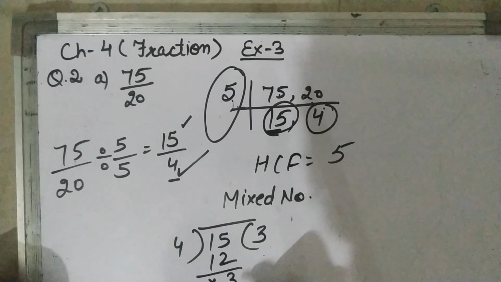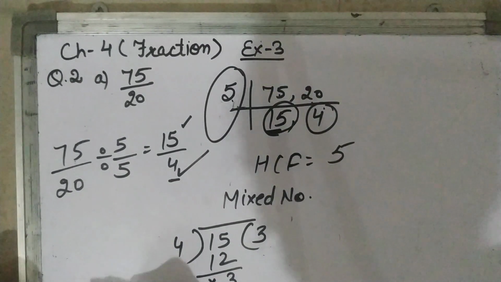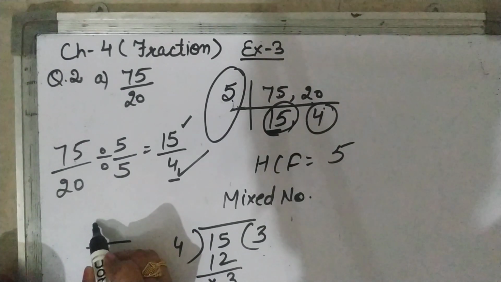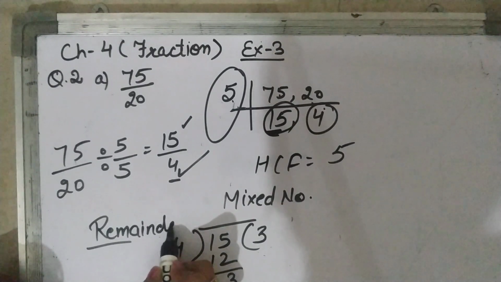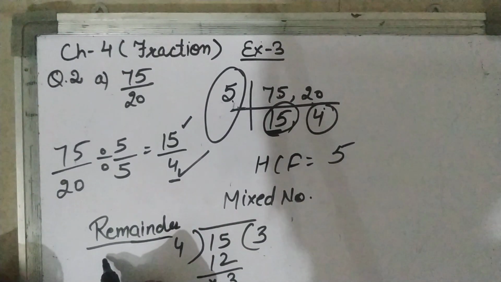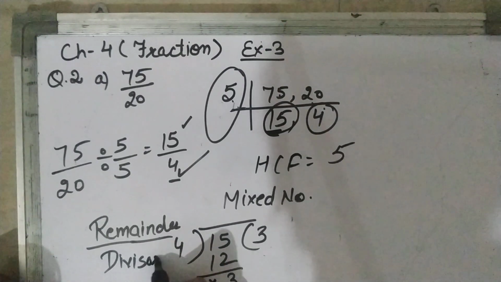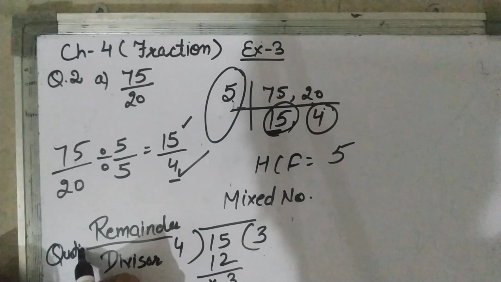Getting remainder 3. When you write a term as a mixed number, how to write? In the numerator, you have to write the remainder. And in the denominator, you have to write the divisor. And in between, you have to write the quotient.